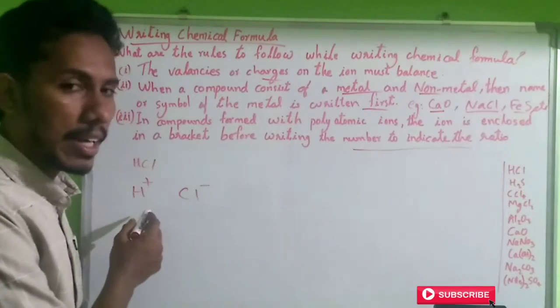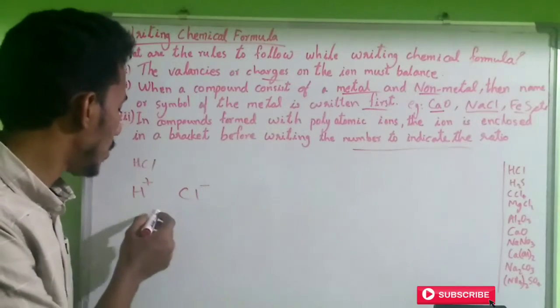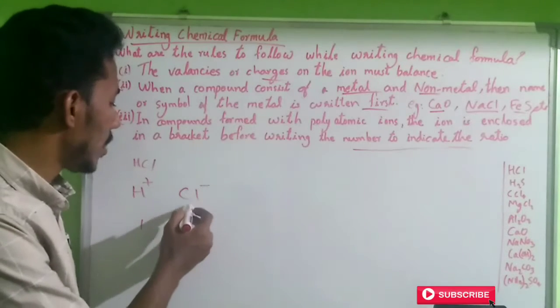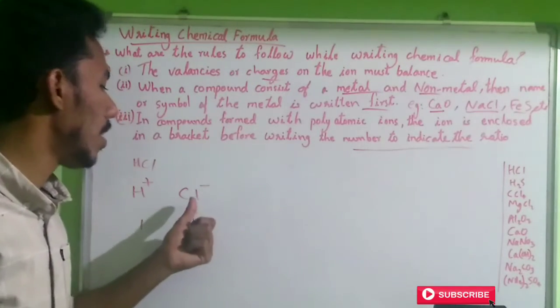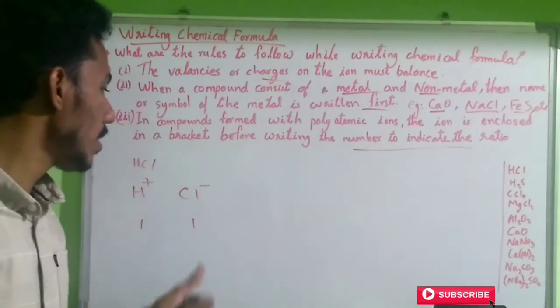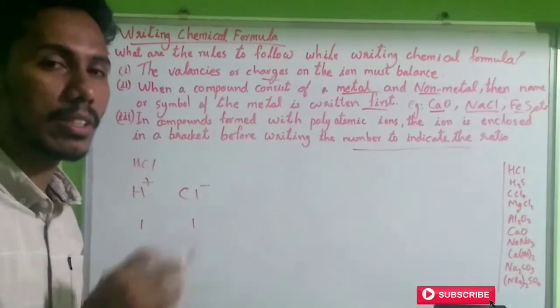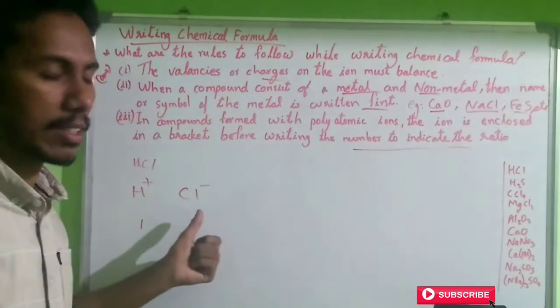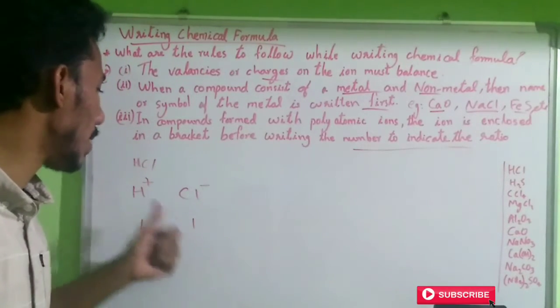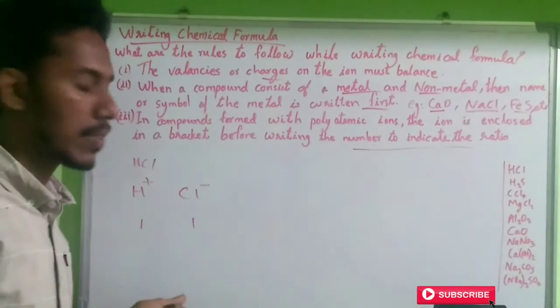What is the valency of hydrogen? Valency of hydrogen is 1. The valency of chlorine is also 1, because for chlorine there are 7 electrons in the outermost shell, so 1 electron is needed to complete the octet. So the valency of chlorine is 1, hydrogen is also 1.